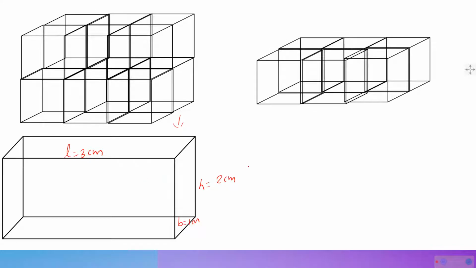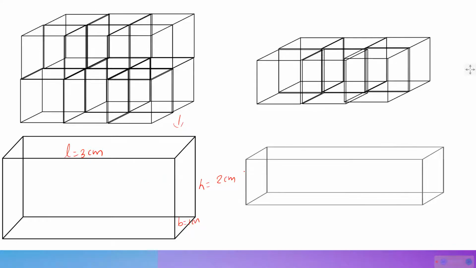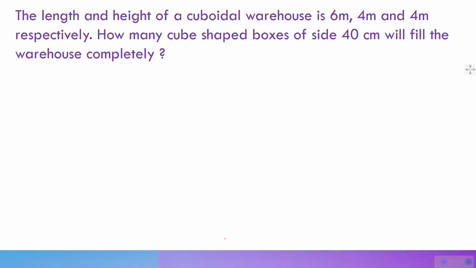If I try to convert this into a regular cuboid figure, I will write over here 3 centimeter, this is 1 centimeter, this will be 2 centimeter. And I will calculate the volume according to the formula length into breadth into height. So my dear students, this is a simple concept but having high application in the coming classes, because you will be learning about solid figures furthermore in higher classes.